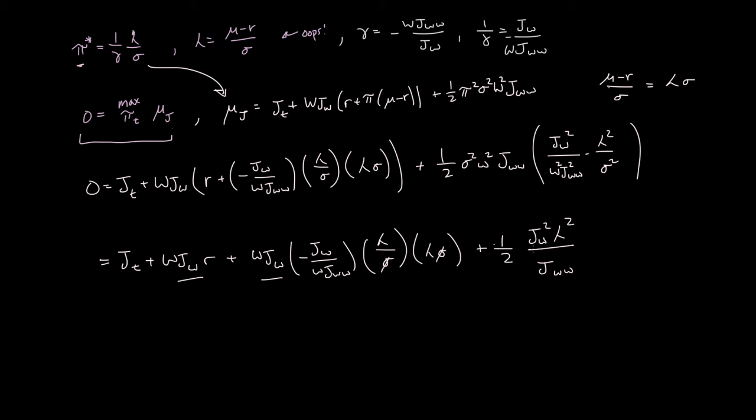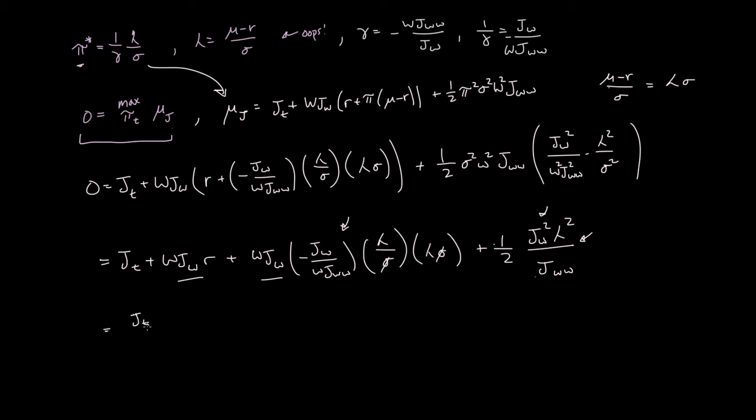What we actually want is to divide everything by W J_W, because we have a J_W squared here, and we have no W in the denominator of this part. So if we divide everything by J_W, we'll make this fraction look just like this fraction, and then we can put them together.